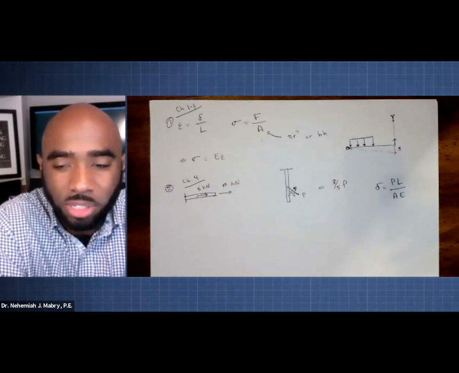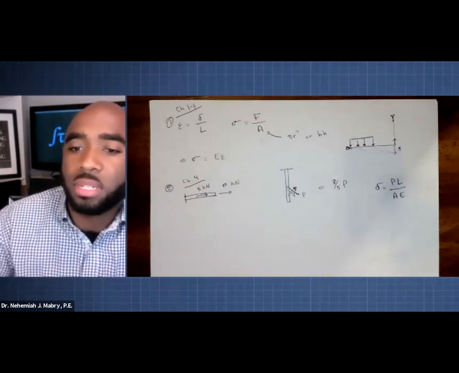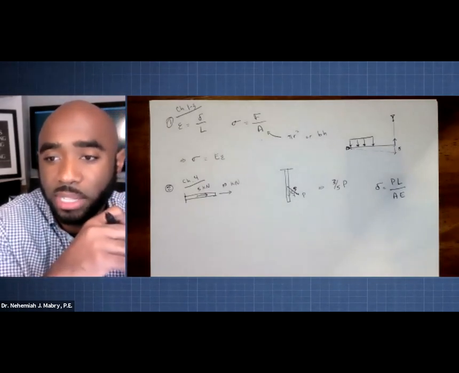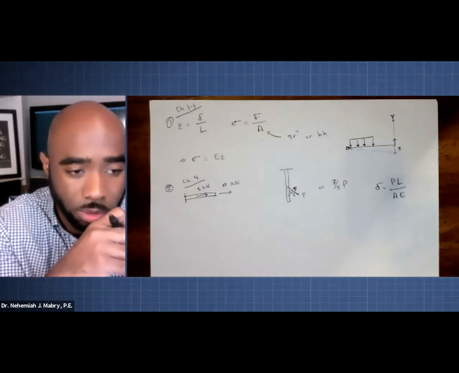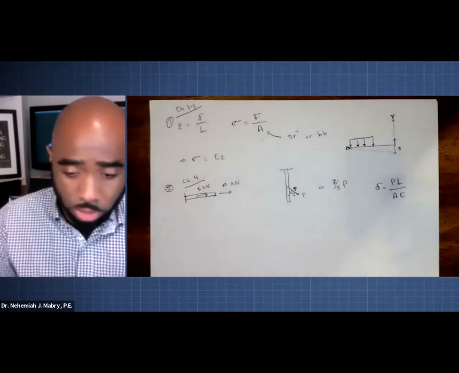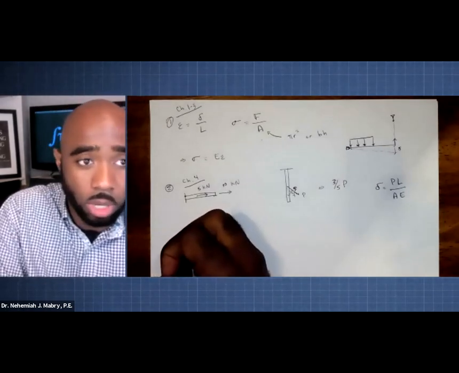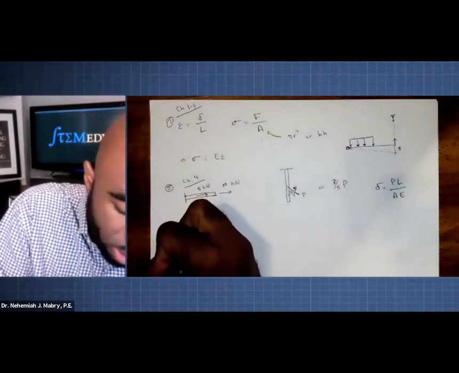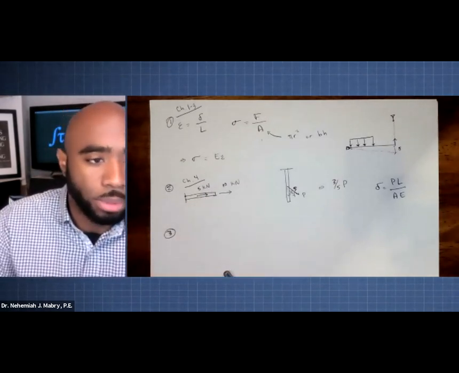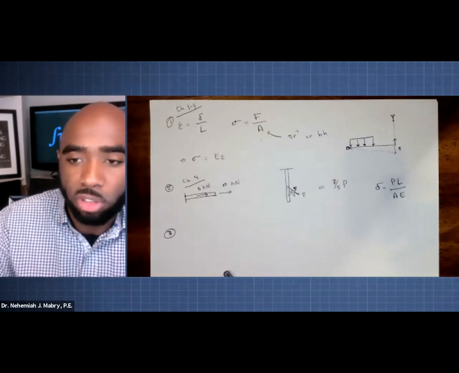Any thoughts or questions on chapter 4? I think you all will be able to figure that one out too. Stress and strain of deflection and axially loaded members. Thumbs up if we're good to go. Again, we're going conceptually. If we need more clarity on any of these concepts, make sure you ask the question so I can slow down. All right, cool. Thank you so much for the thumbs up.